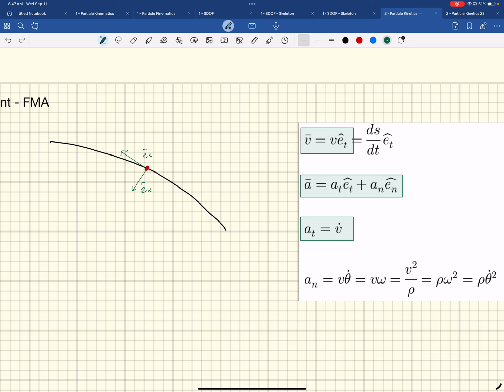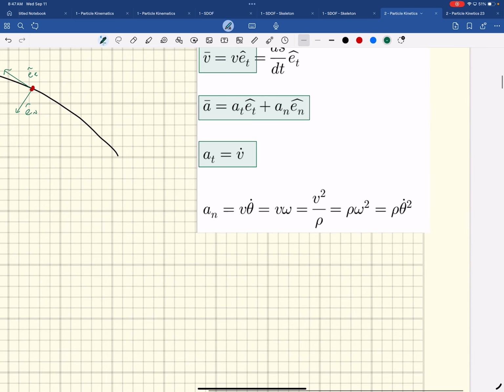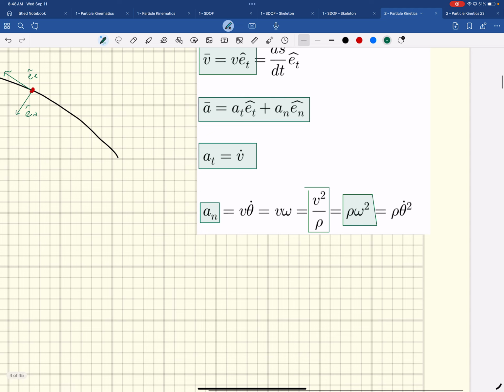And then our normal is our centripetal acceleration, right? It could either be written as v squared over rho, or it could be written as rho omega squared. Those are the two different forms you usually see it in. It all depends on if you have velocities or omegas.